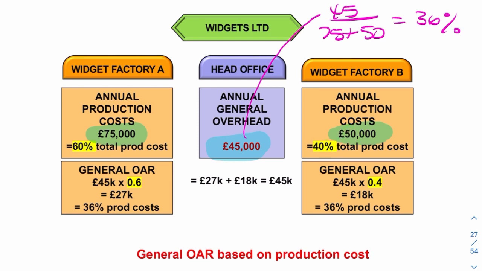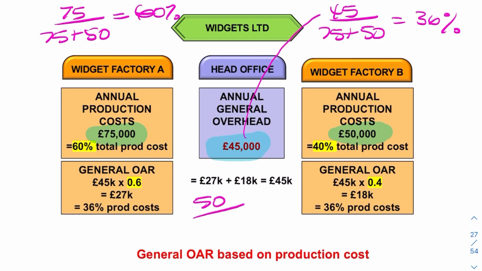So that basically means that 75 over 75 plus 50 is 60%. And 50 over 75 plus 50 is 40%. Right? So that's where that came from.